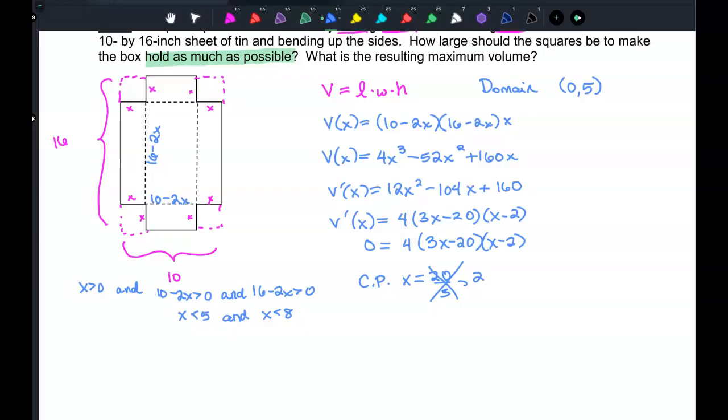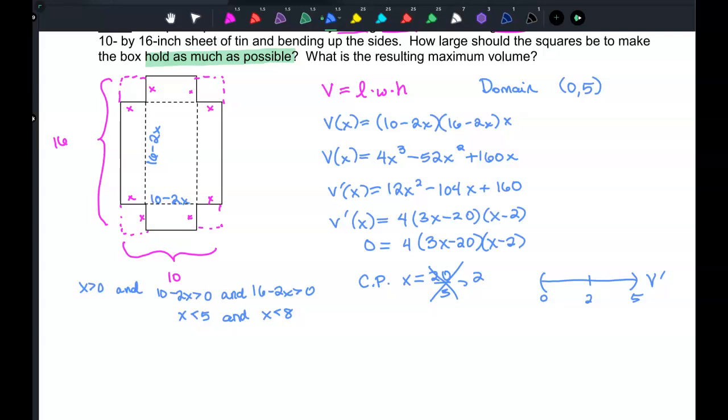Now, what were we trying to do? Find the maximum. If I only end up with one critical point, I really don't need to do a number line. But if you want to double check, we could do a quick number line to confirm that that's going to result in a maximum.